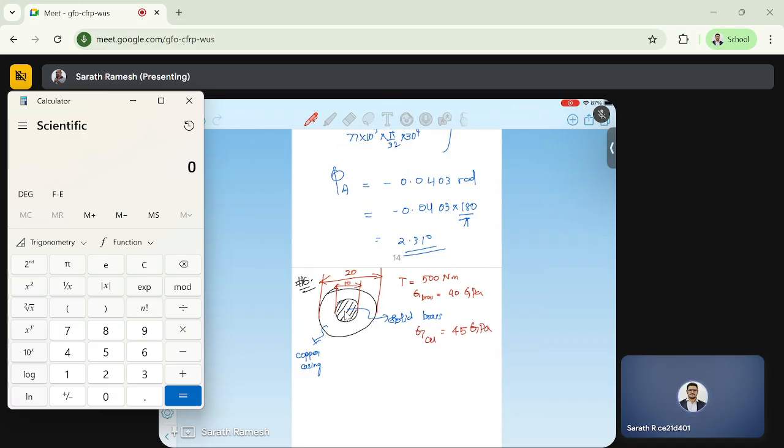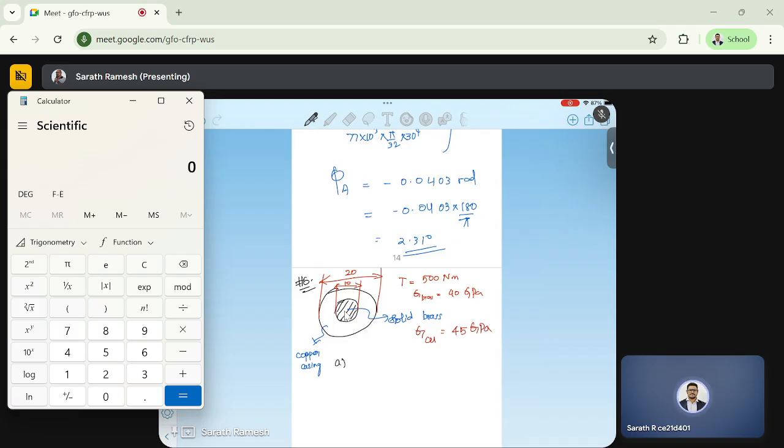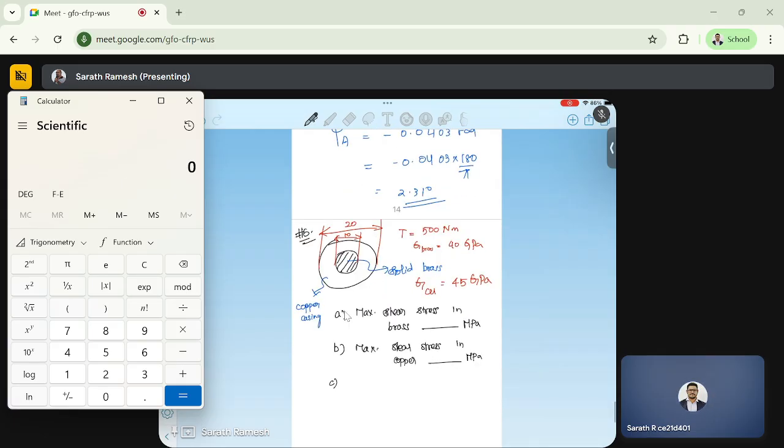We need to find a few things. First, we need to find the maximum shear stress in brass and the maximum shear stress in copper, and the angle of twist per unit length.